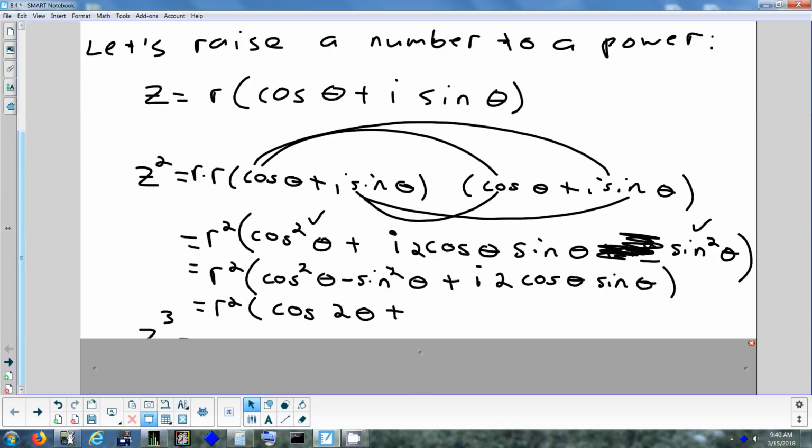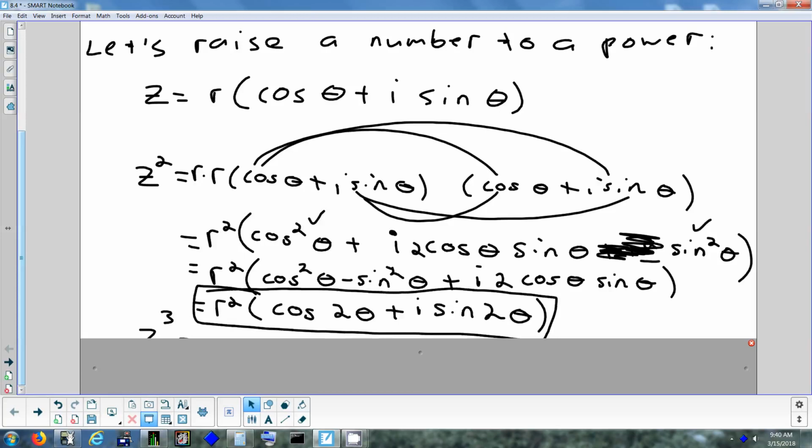Anyone have a guess what it might be? It's kind of similar to what we just wrote for the first identity. Yep. Sine 2 theta. That's sine 2 theta. And again, that's on page 415. And that's the answer that you get when you square our original number.